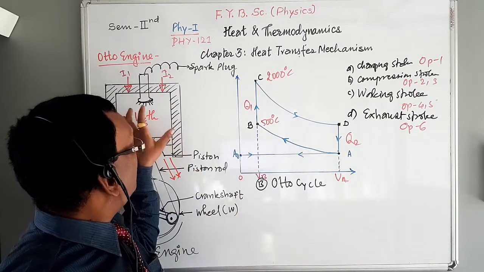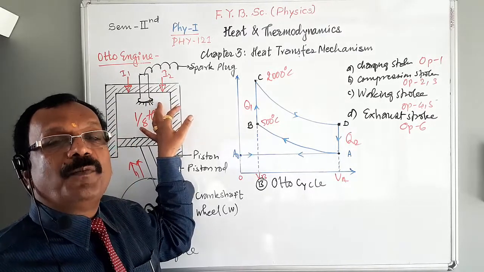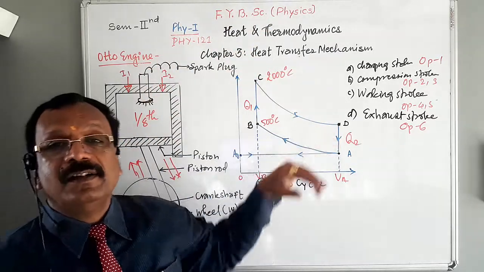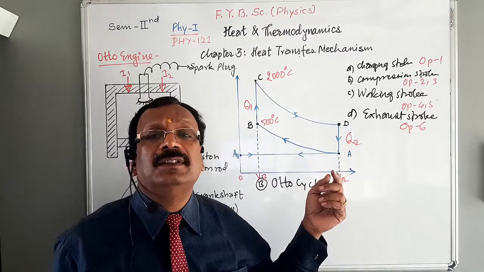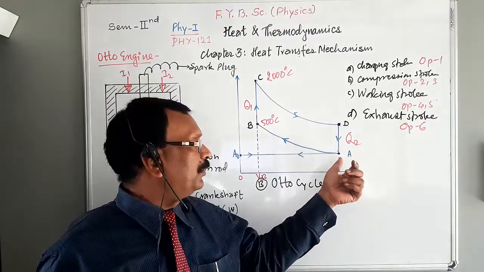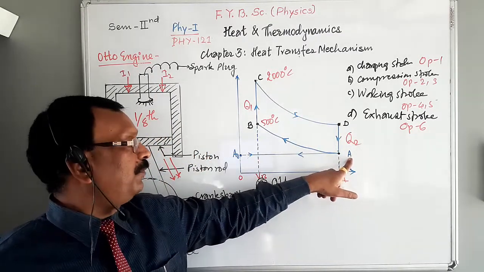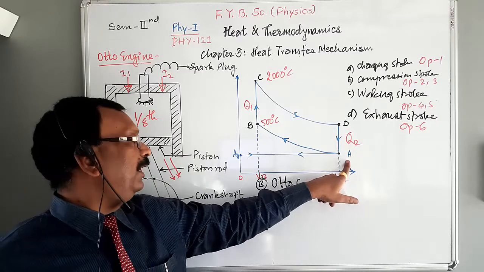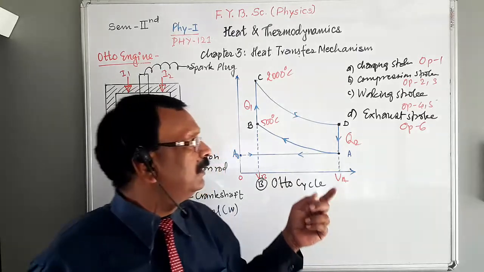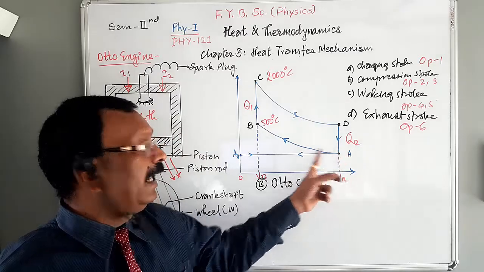The remaining part of the hot gases, that is a mixture of burnt and unburnt gases, is forced out. The change of volume of the gas is isobaric. That is, volume decreases from Va to 0, and this operation number 6 is represented by the line A0.